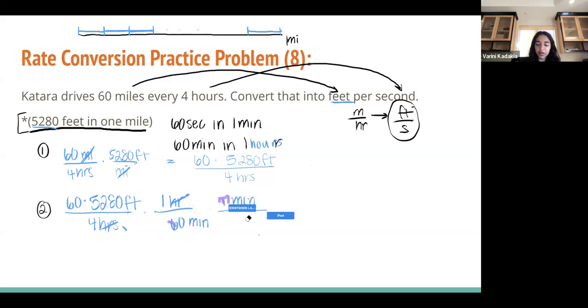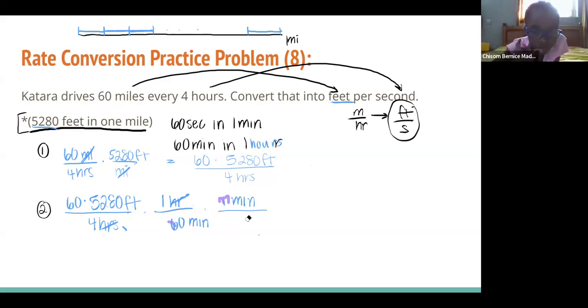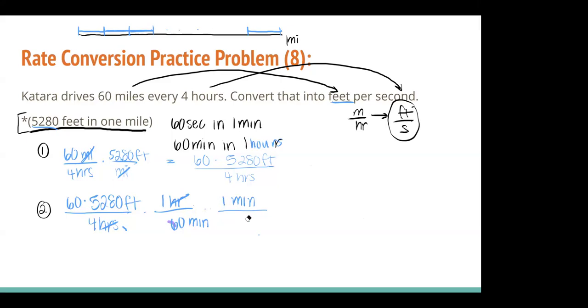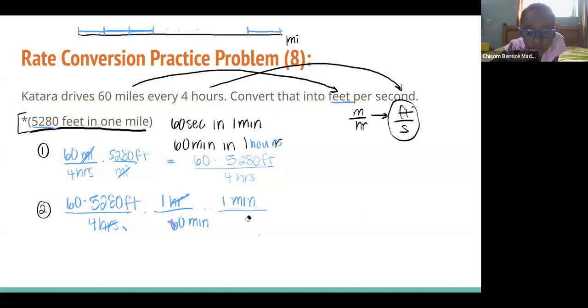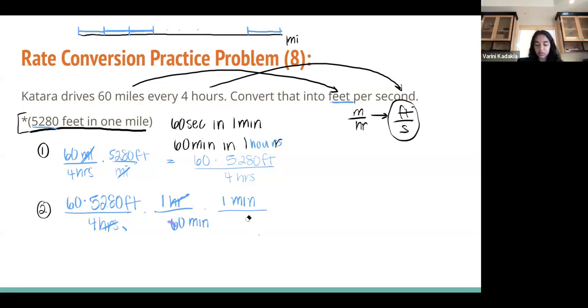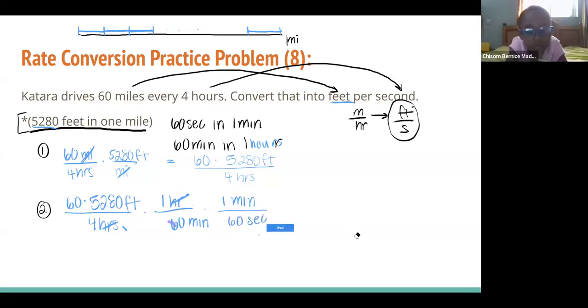So now what do I want to find? I want to find seconds, right? So what should be at the bottom? 1 minute is equal to how many seconds? 60 seconds, right? 1 minute is 60 seconds. There's the seconds down there. Makes sense.